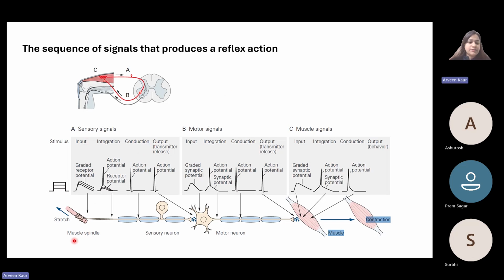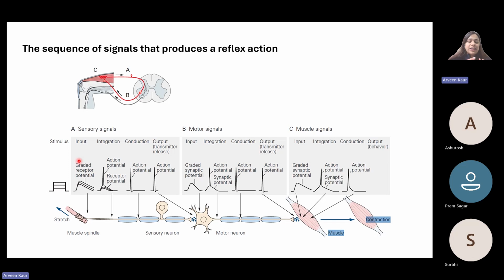So over here, for instance, you say that there was some kind of a sensory stimulus that was given, right? There was an input. First off, there could have been a slight input. For instance, a needle was going to prick my finger, right? It would have touched my finger also at some point. It might not have gone in as yet, but it might have touched my finger, right? So that would have produced some kind of a stimulus, some kind of a response, and that might have been a graded potential, right?